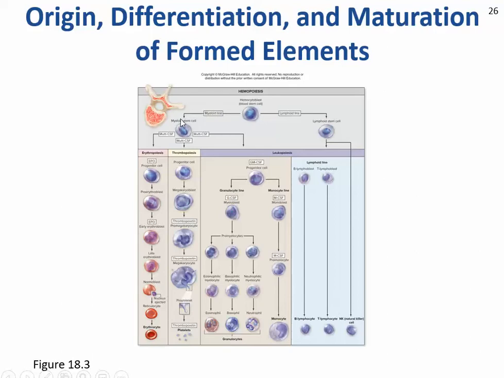The myeloid branch, depending on the colony factor, either becomes an erythrocyte, so it's erythropoiesis, where you get the progenitor cell, the proerythroblast, the erythroblast, the normoblast, see the nucleus is being ejected, the reticulocyte, and then the erythrocyte.